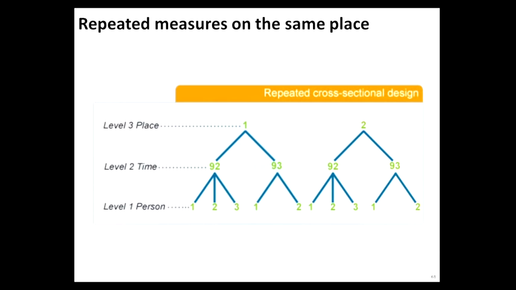For example, in this particular graph you can see that place 1 is repeatedly measured in 92 and 93, but in 92 and 93 they are completely different cohorts of individuals. What this kind of design allows us to answer is changing geographies of mortality conditional on the changing composition, because at every time I can control for who's in that place at that time.